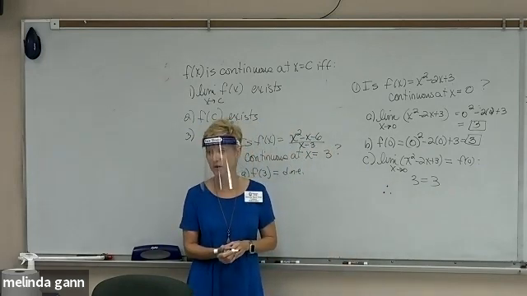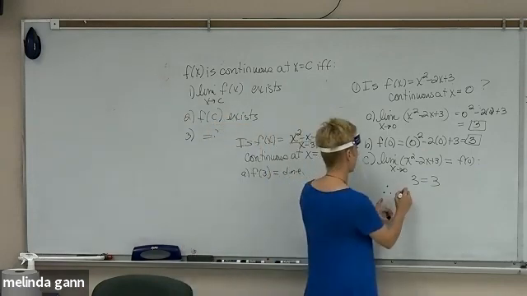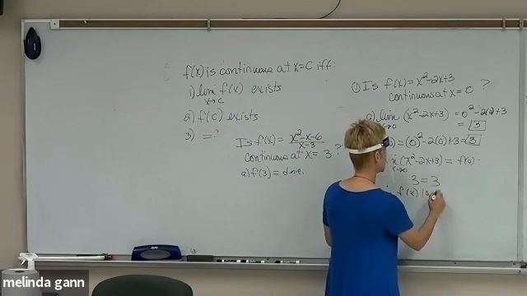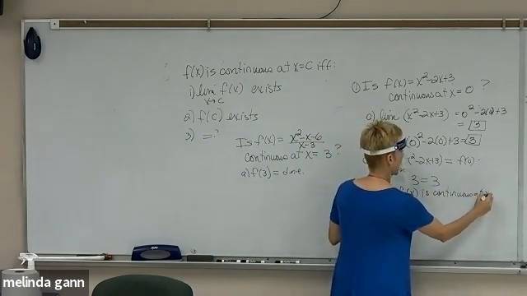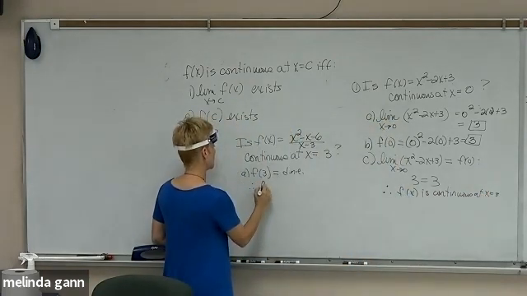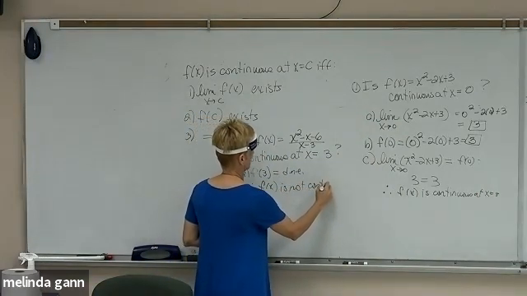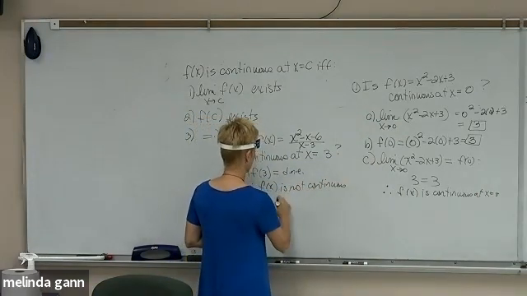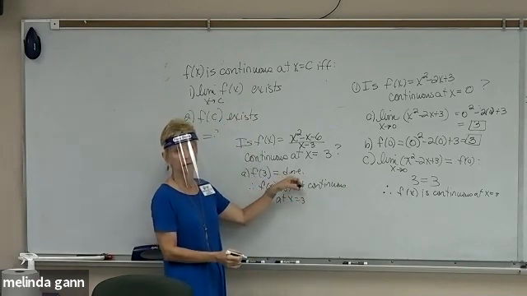Like I told you, we like the notation. We don't like to write a lot of words. So over here, I could say, therefore, f of x is not continuous at x equals 3. Because I just told you, f at 3 doesn't exist.